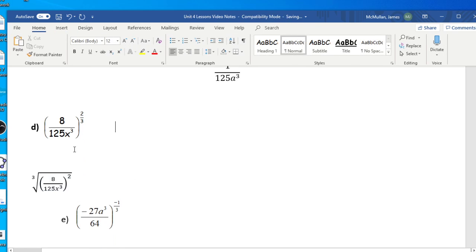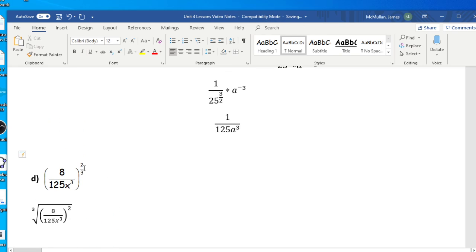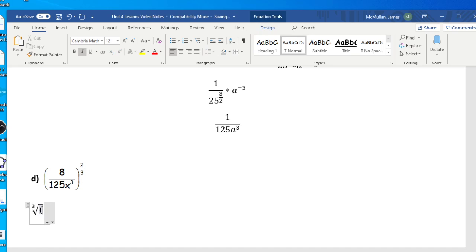So the first step I'm saying here is, rather than deal with 2/3, let's make it a big cube root and then put the squared in there. Right, and now that I see this, actually, an even smarter way of doing this would have been to say, let's put 8 over 125x cubed in there, and then let's put the squared on the very outside, and we'll do that at the end.